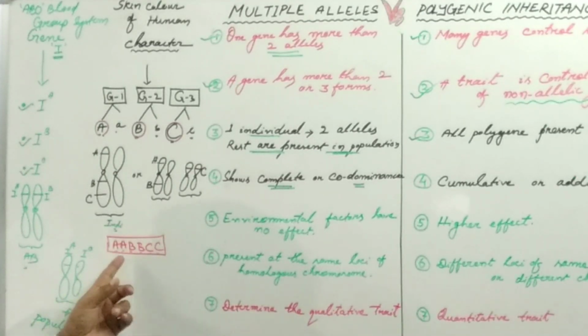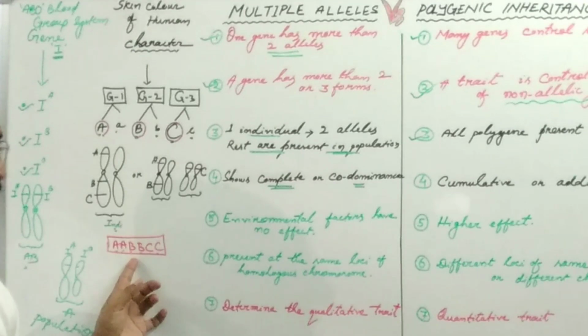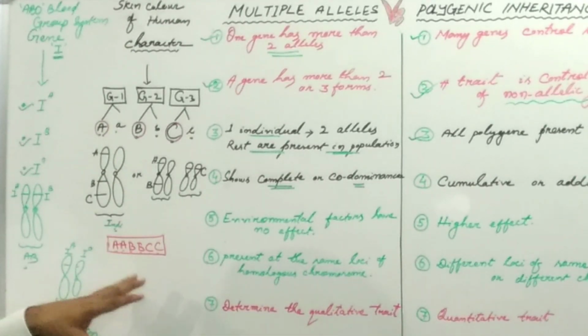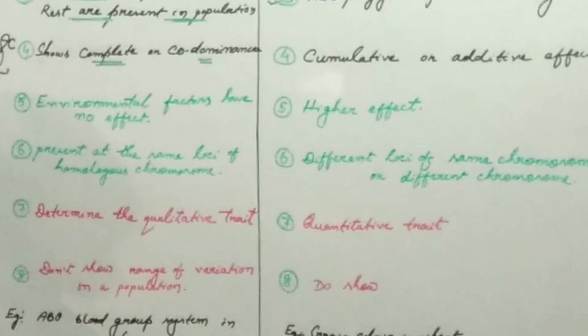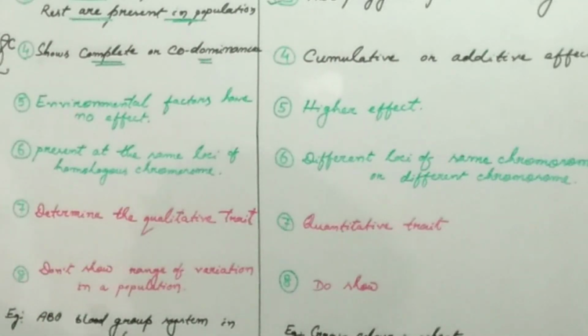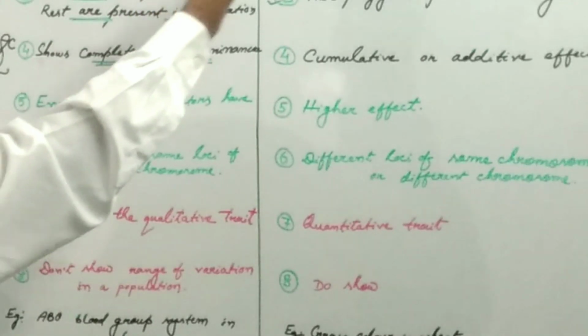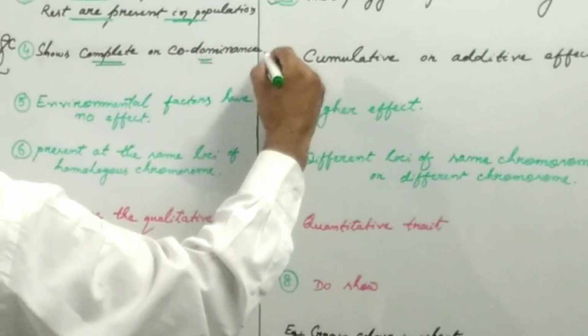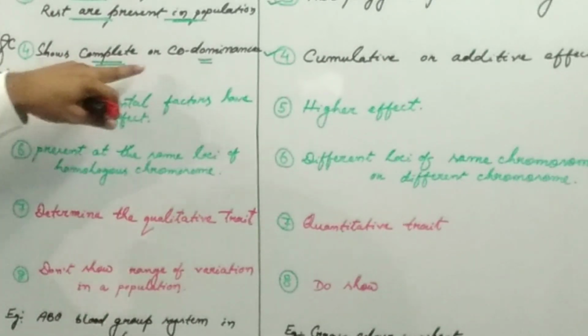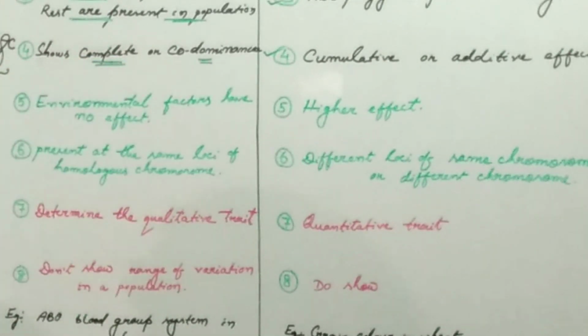So the intensity of phenotypic expression is directly proportional to the number of additive genes present. All the genes together show the cumulative or additive effect. That's why in polygenic inheritance there is the cumulative or additive effect.